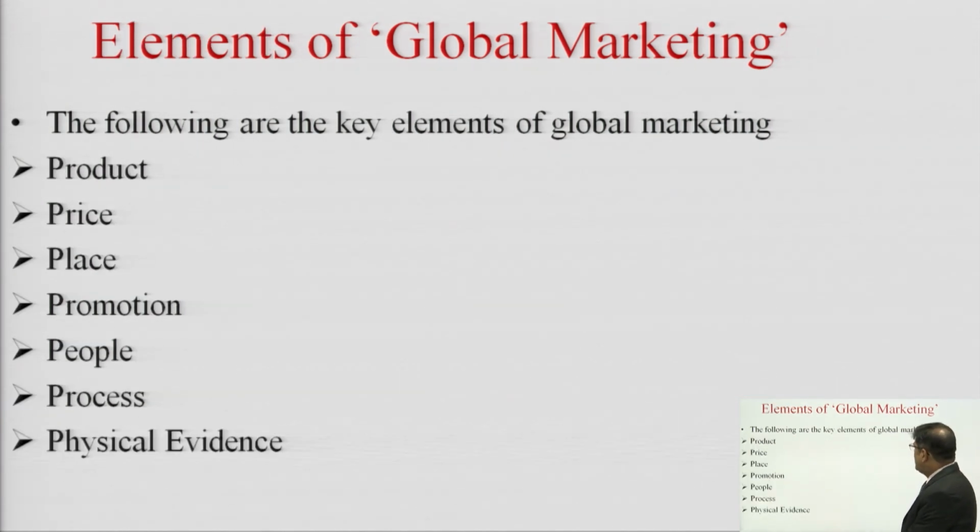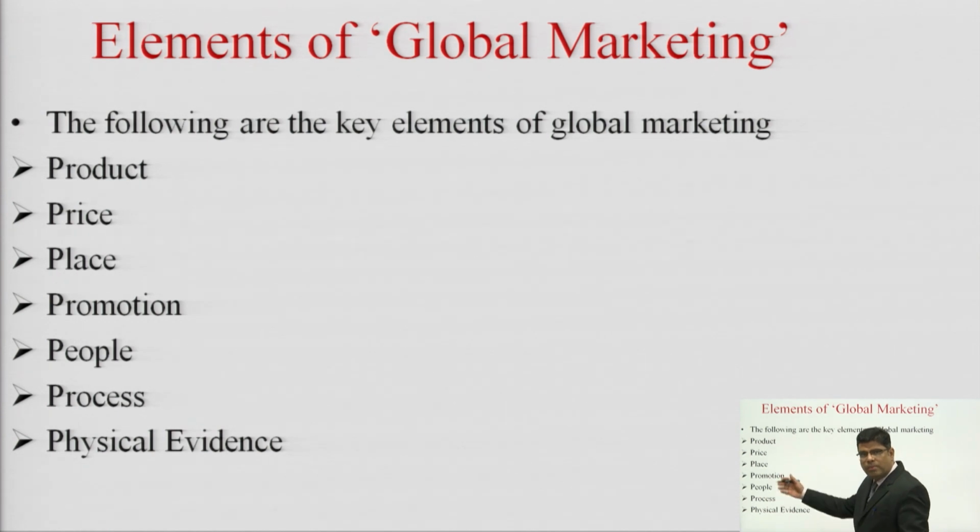Now, we will talk about the elements of the global marketing mix. These are the various elements, as we can see here. Let me read them out one by one and then we will elaborate on these in the slides to come. There is the product or the offering. Then price is one of the elements.